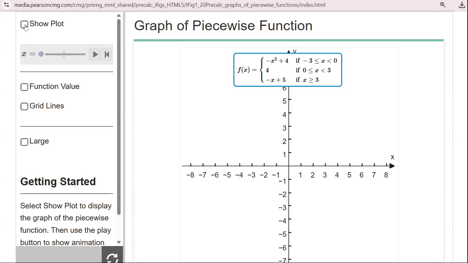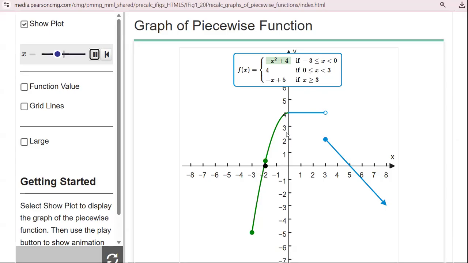So let's go ahead and plot these and see what happens here. All right, here's the red dot. It's going to graph only the portion from -3 to 0.